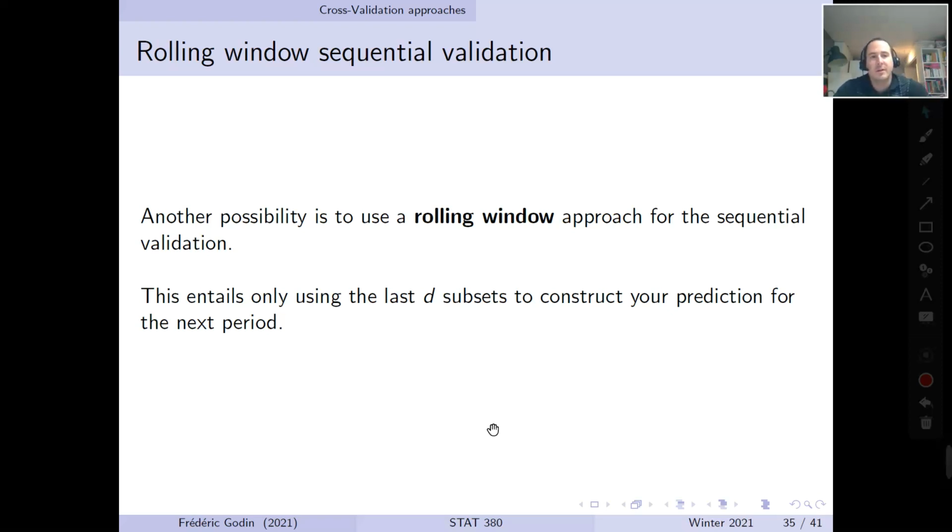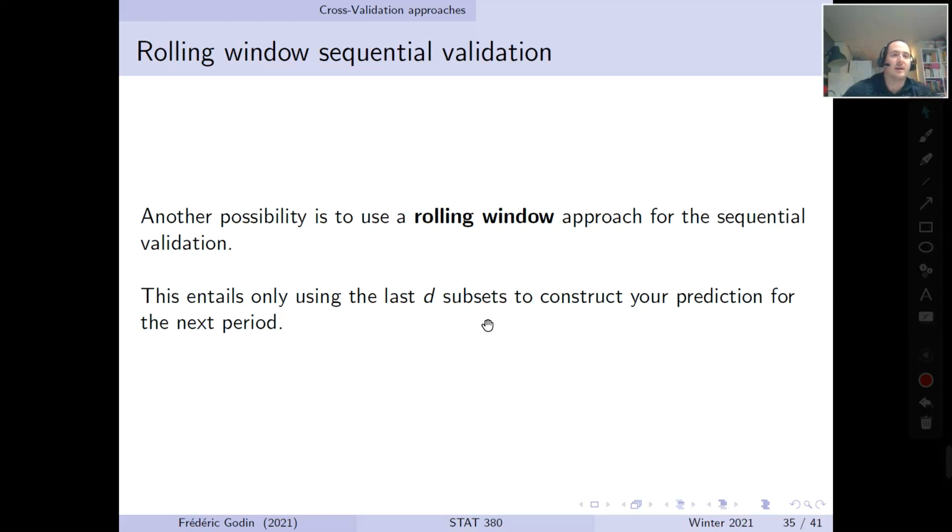You could, in theory, use previous returns as far back as you want in time, but maybe returns from the 1950s are not relevant anymore because the market was so different back then, so you don't necessarily want to use these data to train your model. So you only want to go a limited amount of time in the past to train your model, because before that the data is considered irrelevant.